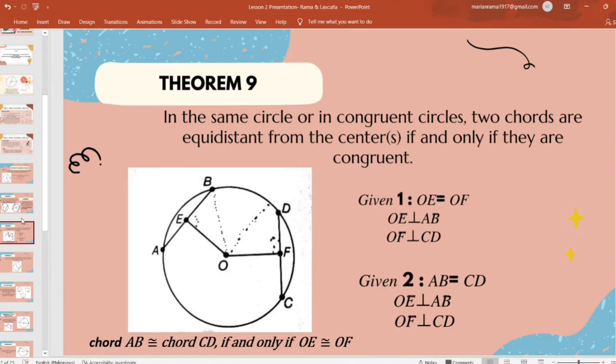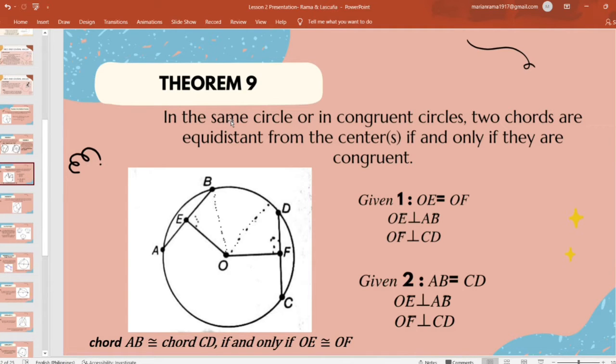Theorem 9. For Theorem 9, in the same circle or in congruent circles, two chords are equidistant from the center if and only if they are congruent. We have here our line OE and our line OF are equal because, as you can see, our OE is perpendicular to our AB, which touches the midpoint of the line.